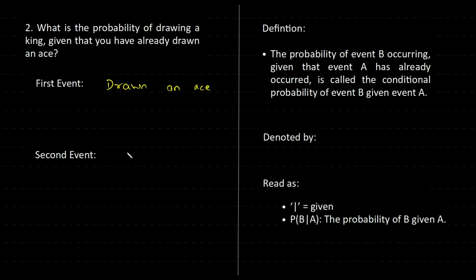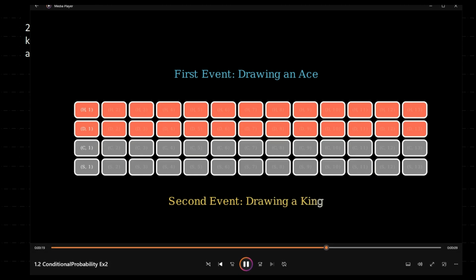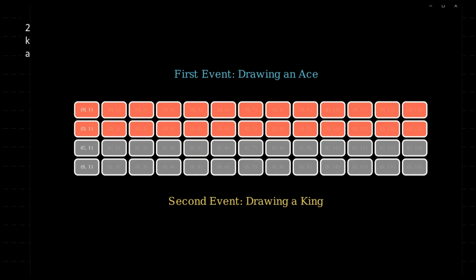Second event being draw a king. Does it make sense? So we again remember one over here is an ace. So we are selecting all of this. There are 4 of it. And now drawing a king. Is that possible? No, right? So actually the answer is 0.